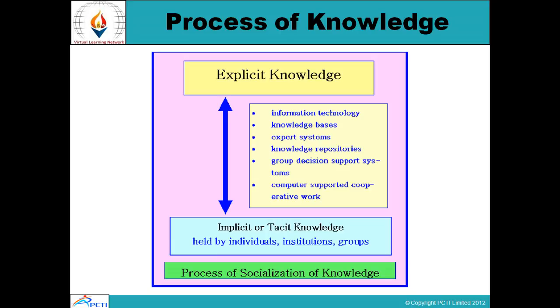When we talk about the process of knowledge, it can be explained in different parameters, because there is a proper exchange of information between explicit knowledge and implicit knowledge, because implicit knowledge is basically held by the individual, by institutions or by groups, which is ultimately related with the process of socialization of knowledge.